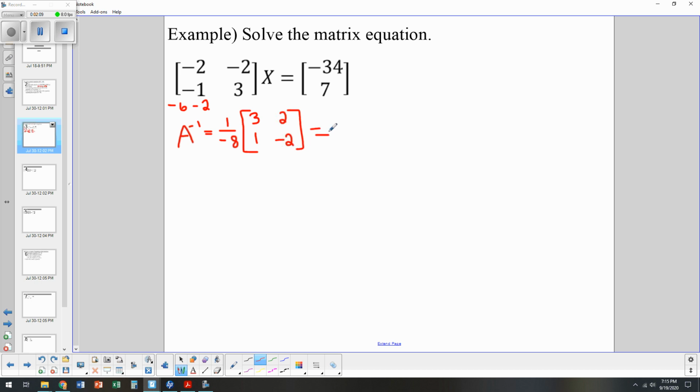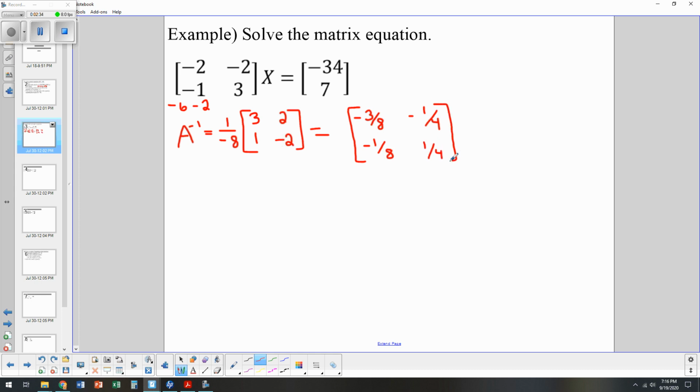And then let's distribute. This is going to become negative 3/8. This is going to become negative 2/8, or negative 1/4. This is going to become negative 1/8. And this is going to become positive 2/8, or positive 1/4.